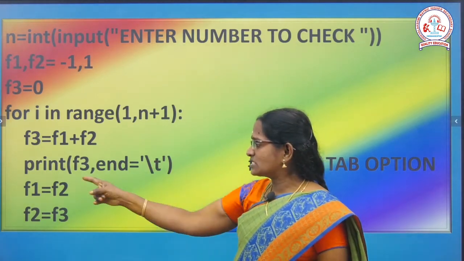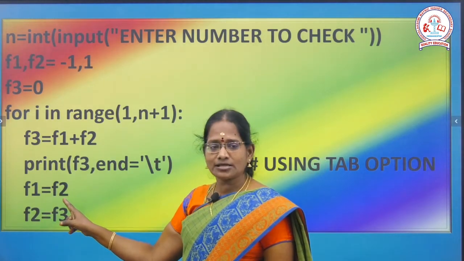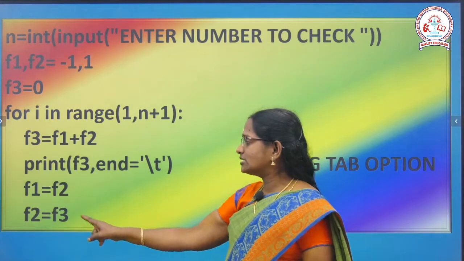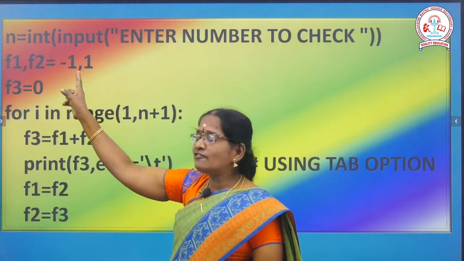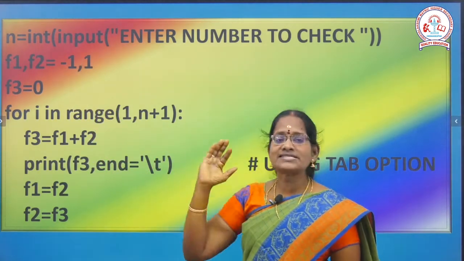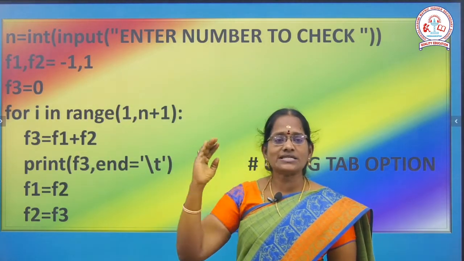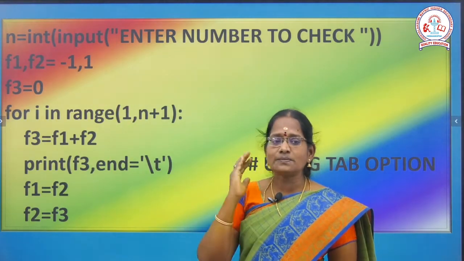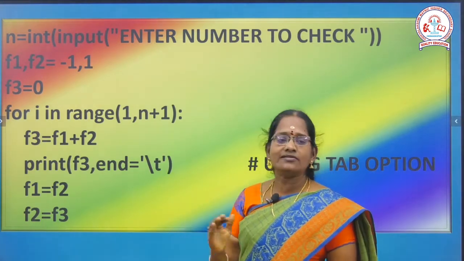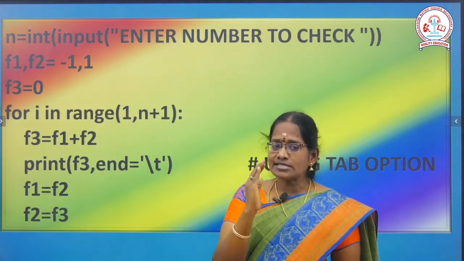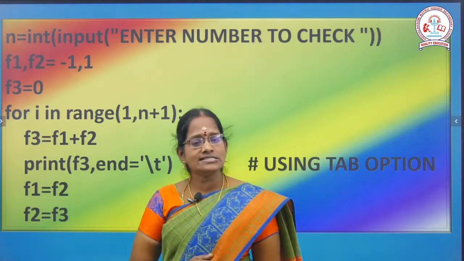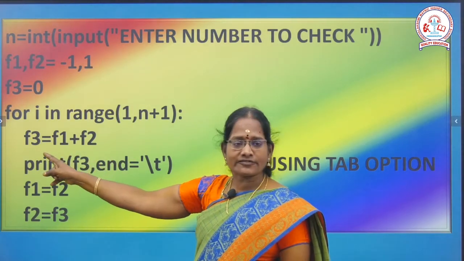Swapping means first number is equal to second number, second number is equal to third number. In this program, first number value is minus 1, second number value is 1. Third number value is first number plus second number, so f3 value is 0. Minus 1 plus 1 is equal to 0. 0 is stored in f3.